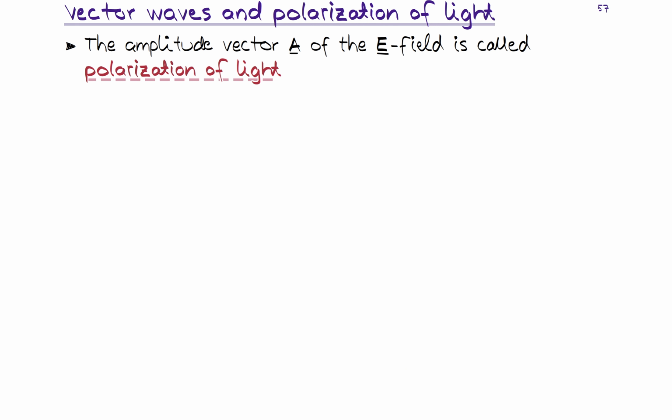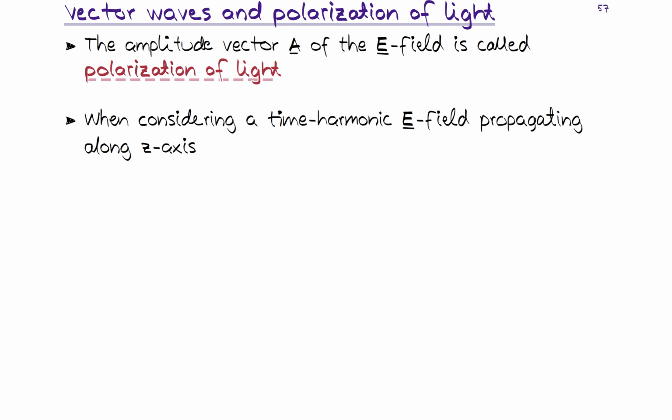When we consider a time harmonic electric field propagating along the z-axis, the field will be of the form E, a vector electric field that depends on the coordinates z and t, and the amplitude of the field can be written as a transverse oscillation, so that we have only x and y components for my amplitude.